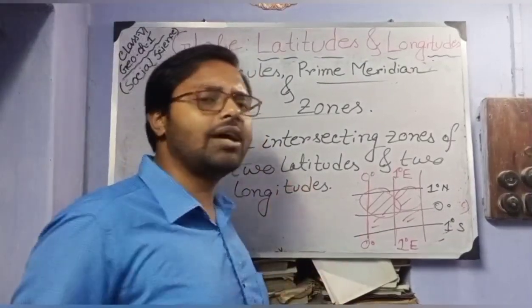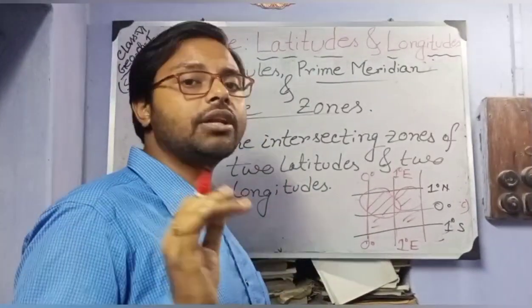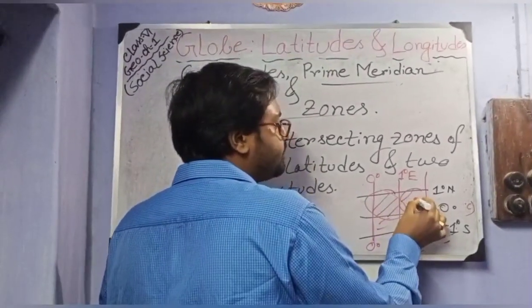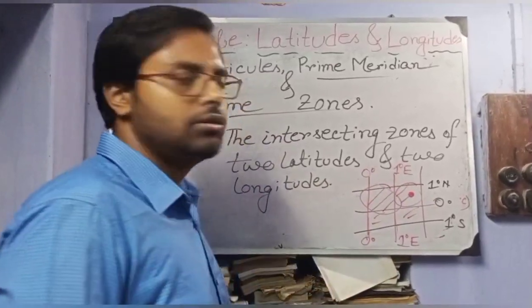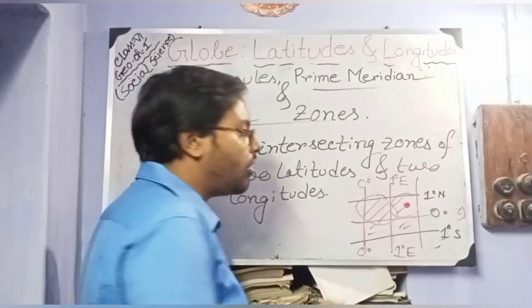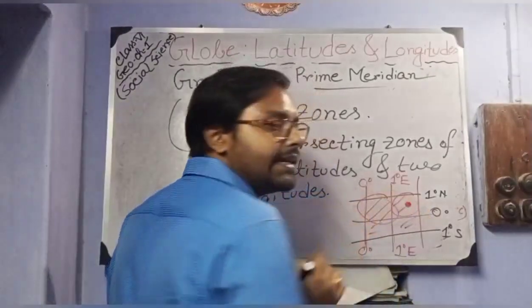It helps us to understand the particular location of a place. Suppose Jharkhand is located here, or Madhupur is located here.